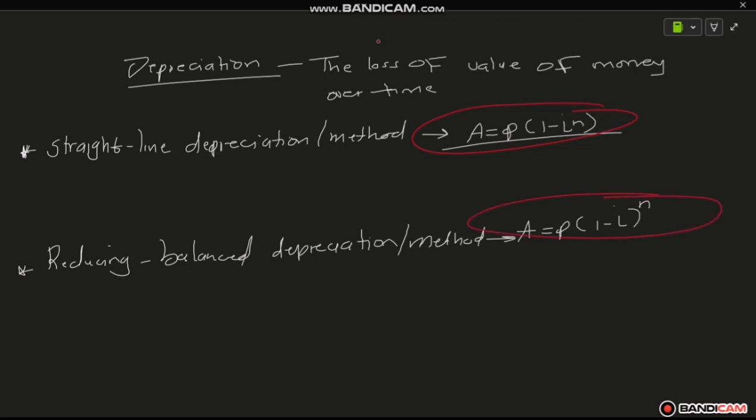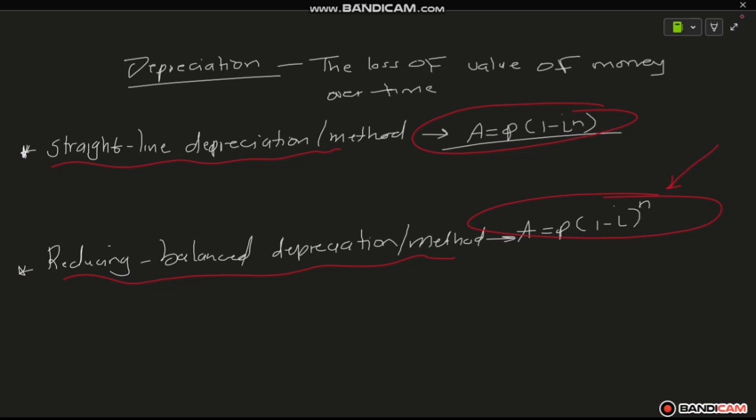So if it has a minus sign, it's depreciation. If it has a plus sign, it's interest. And what you must know about the straight line method, the reducing balance method and depreciation, you must know these formulas. It's very, very important. We're talking about the loss of value of money over time. I hope that makes sense.